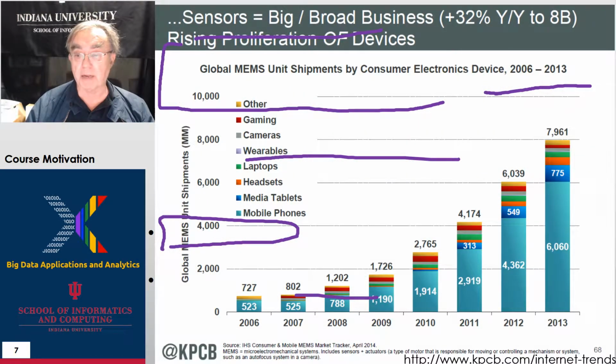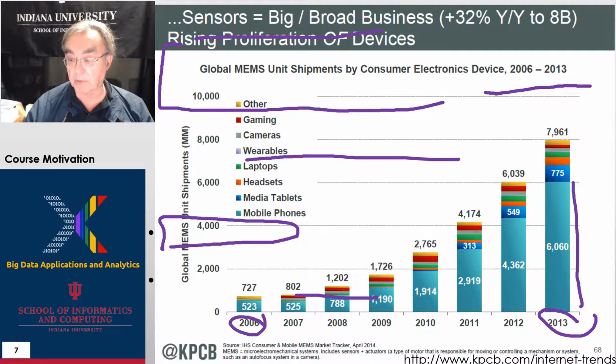And here we have some data from KPCB, Mika, the standard picture of the growth from 2006 to 2013 of these MEMS data, micro electromechanical systems, and notice that mobile phones are the largest.